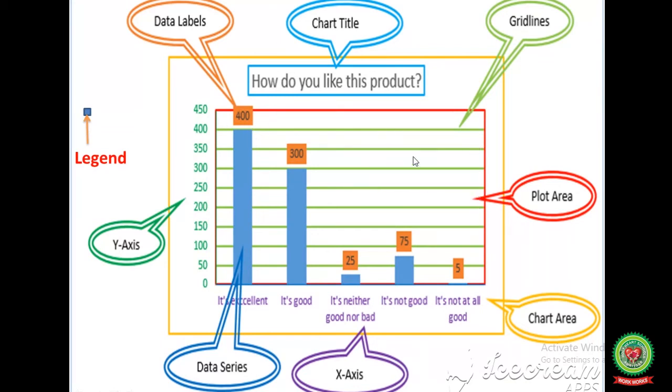These green color lines are the grid lines. This is a chart title. These are the data labels. This is a y-axis. This is an x-axis. These bar slices are the data series, and this is a legend.